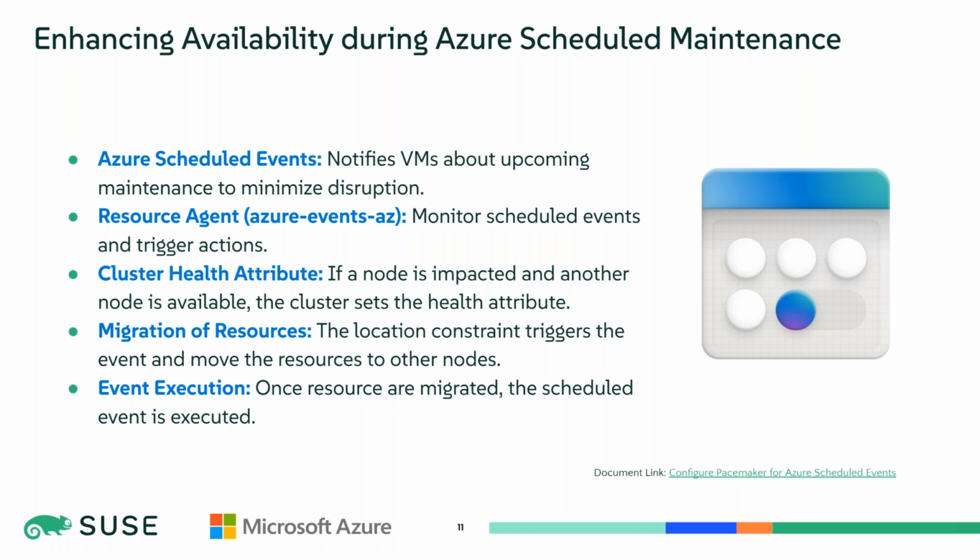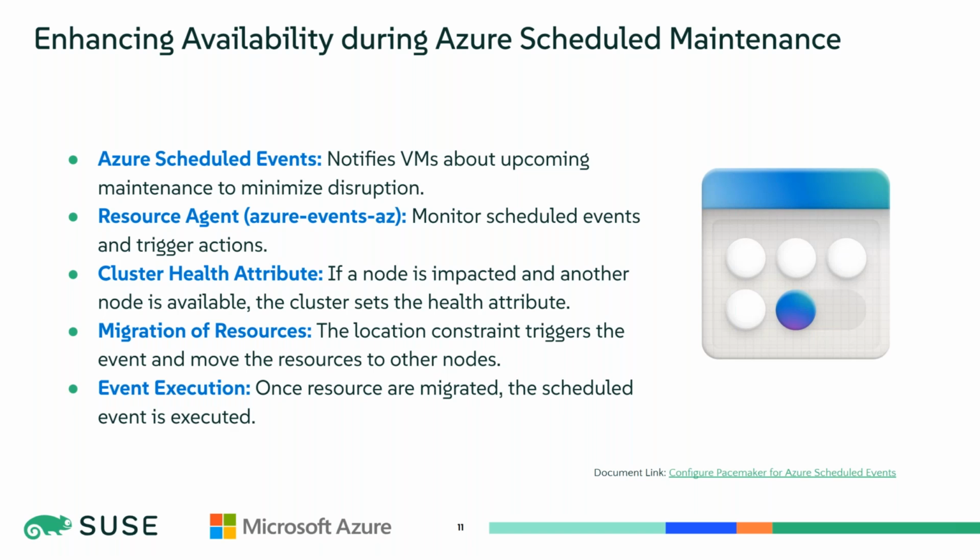So in such events, where a host requires certain kind of action at the fabric layer, we have a feature called Azure Scheduled Maintenance, where Azure identifies that there is some issue at the host level, and it notifies the VM about the upcoming maintenance to minimize this disruption.